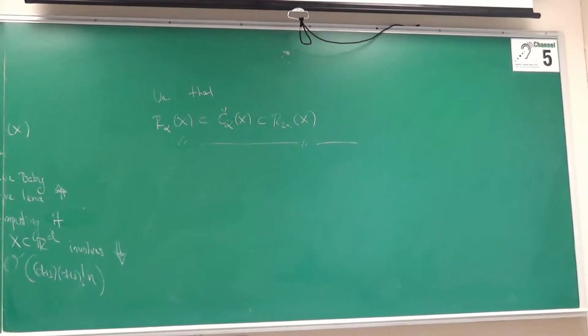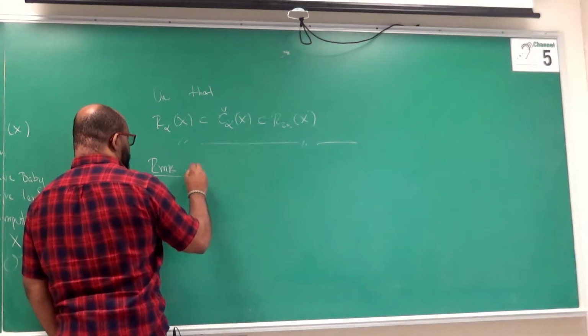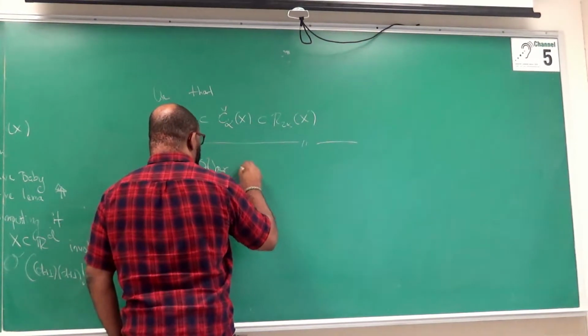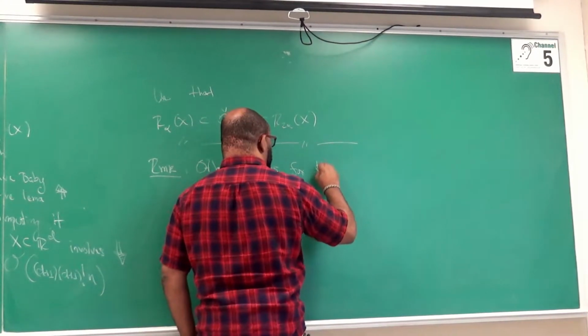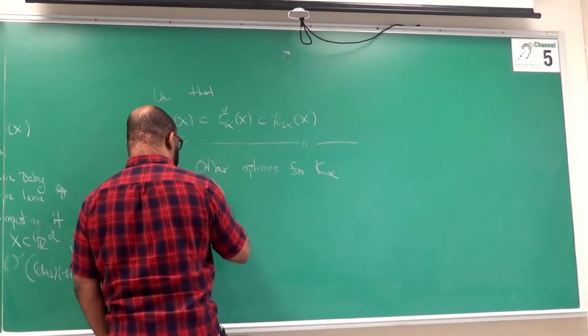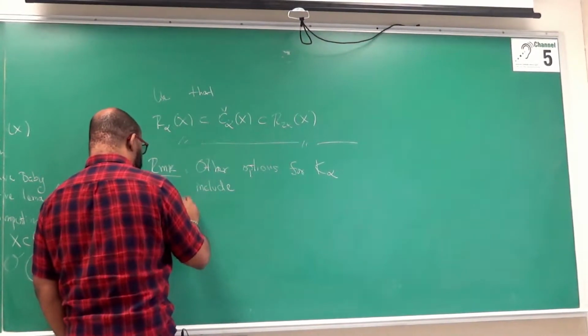I would like to remark that the Rips and the Čech are not the only options. There are tons of other suggestions in the literature. So let me just mention a few. So other options for K alpha include the witness complex.